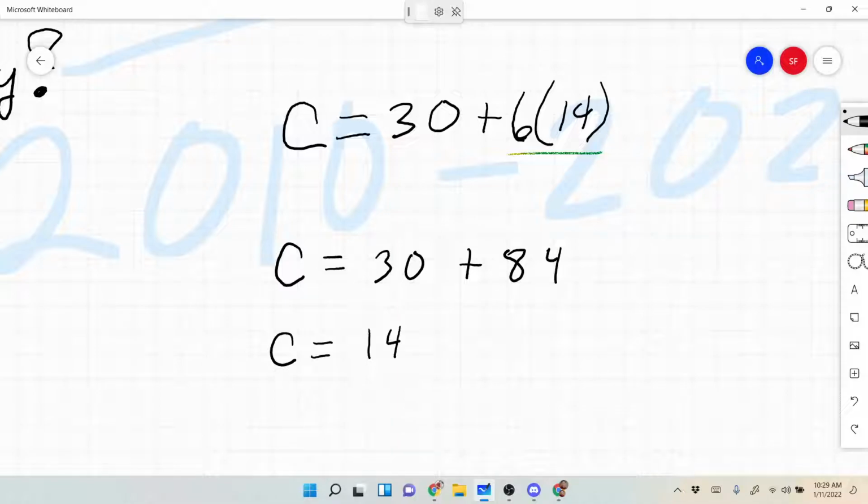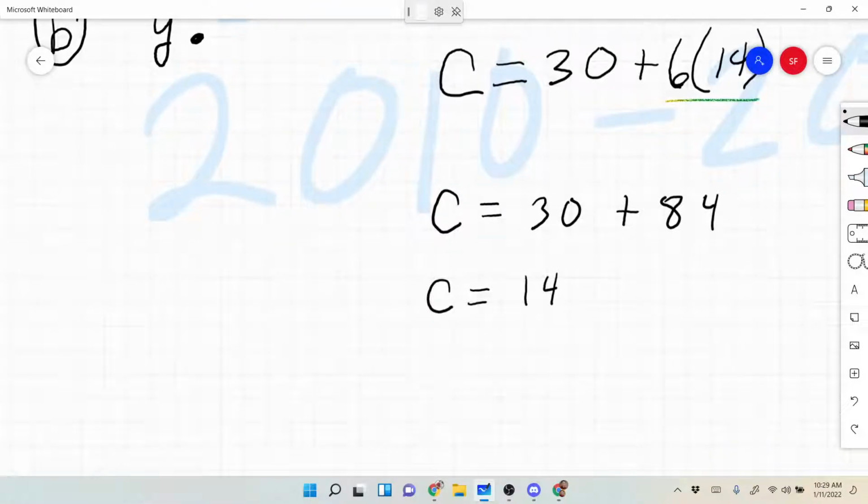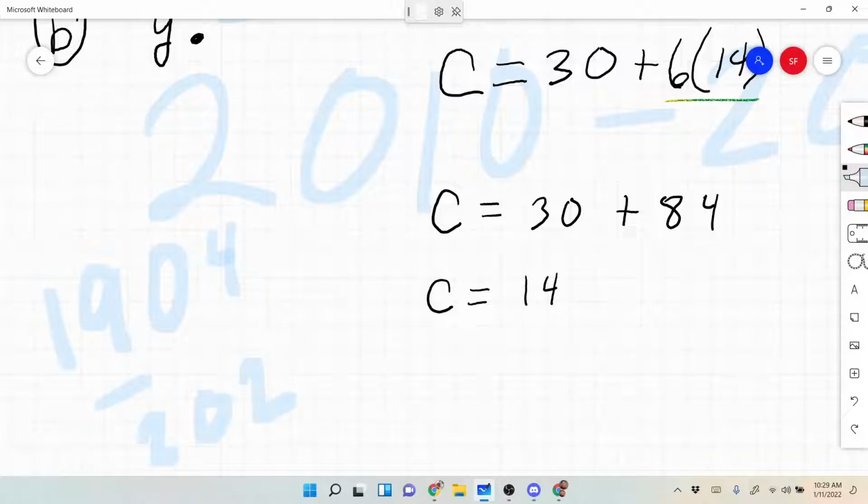Because I was remembering something else, and we definitely didn't get the right answer. For B, it went up to 2025. So we should have been going from 1904 through 2025.